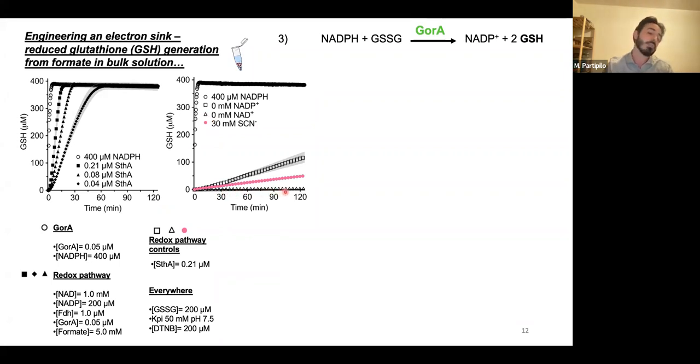Instead, when we did not include only NADP plus, we had, although at a very low rate, glutathione reduction. The reason we observed this behavior is that the glutathione reductase enzyme, although specific for NADPH, can also accept some electrons from NADH, with, of course, a lower specificity and a lower catalytic efficiency.